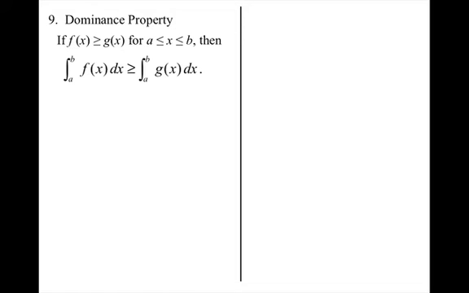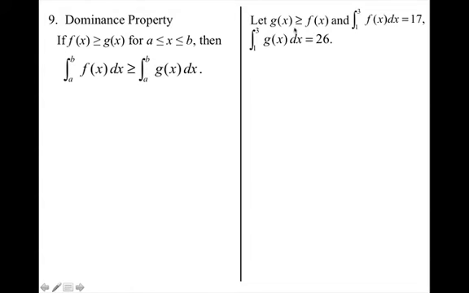The dominance property. This says if f of x is greater than or equal to g of x, for x being between a and b, then that means that the area underneath f of x has to be greater than the area underneath g of x. So let g of x be greater than f of x.